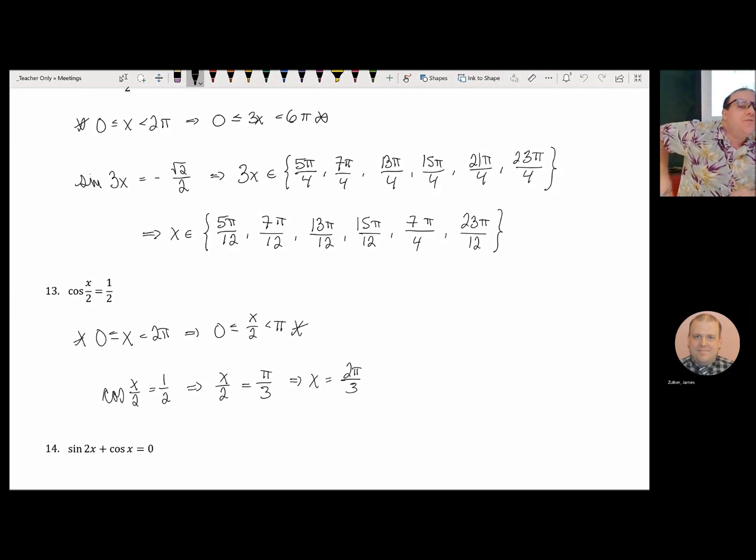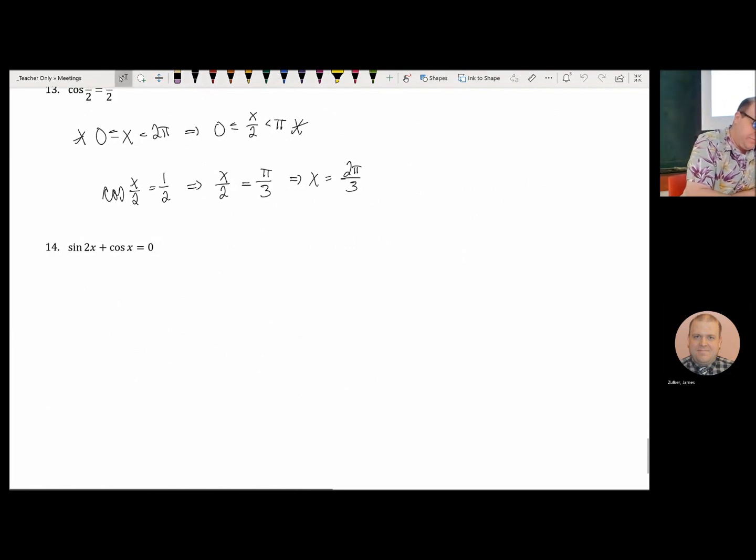Sine of 2x plus cosine x equals 0. We have a problem.